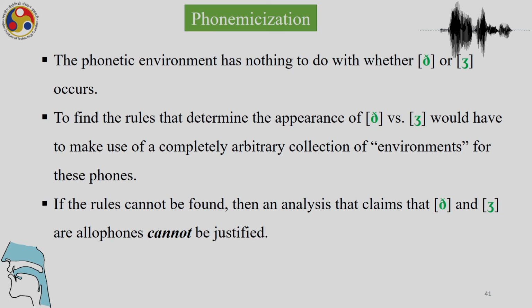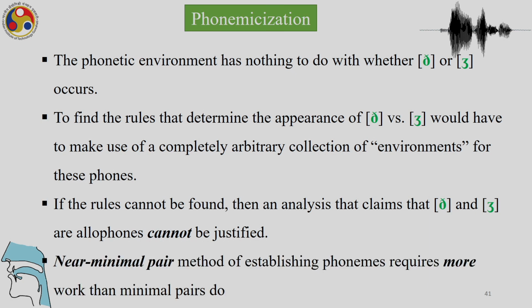So, we do not have rules for their appearance as allophones, and hence we cannot collect environments for these phones. And if the rules cannot be found, an analysis that claims that they are occurring in complementary distribution cannot be justified.